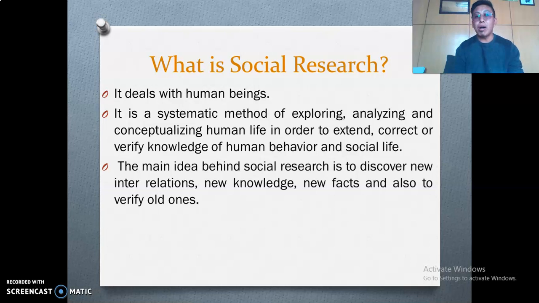When we study a society, that is called social research. In social research, unlike natural research, we deal with human beings. Whether it's sociology, political science, economics or anthropology, in all of these we deal with and try to study human beings.